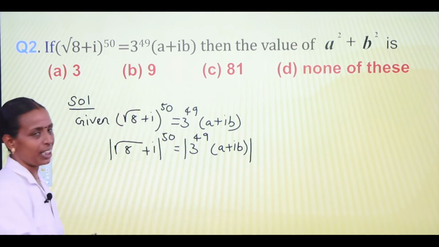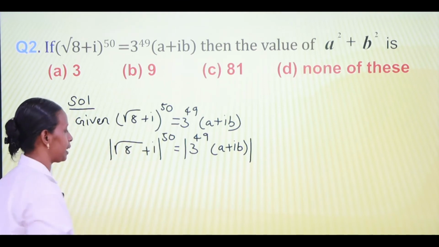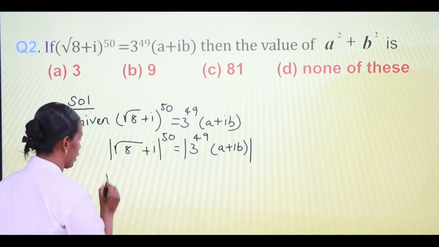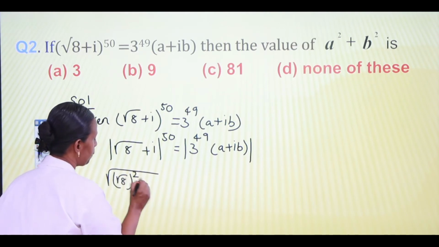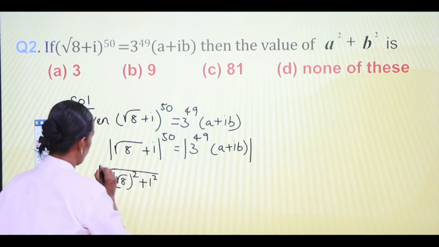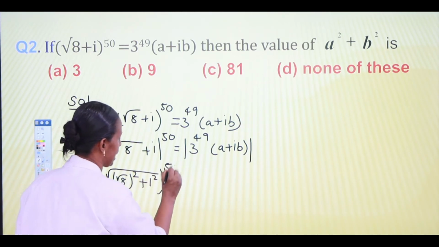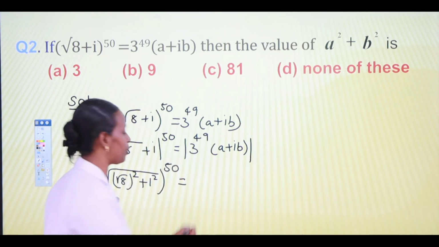Modulus is nothing but square root of real part square plus imaginary part square. The real part is root 8, so you have to write square root of (root 8) the whole square plus the imaginary part is 1 here, so 1 square, the whole to the power of 50. Write as it is. Modulus of 3 power 49 is simply 3 power 49.